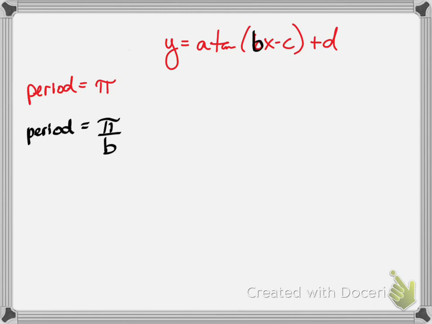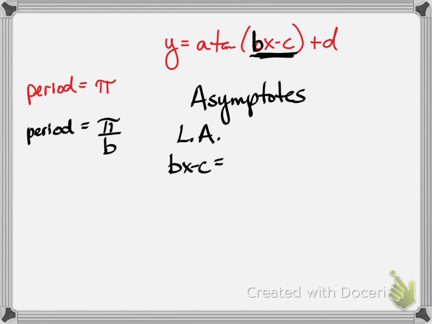B is still the coefficient of the x. On sine and cosine, we put bx minus c equal to our left and right endpoints. Well, now we're going to do that at the asymptotes. So we have a left asymptote where bx minus c equals that left asymptote value, negative pi over 2. And we have a right asymptote where bx minus c equals that positive pi over 2 value. And that's basically all we need to know.